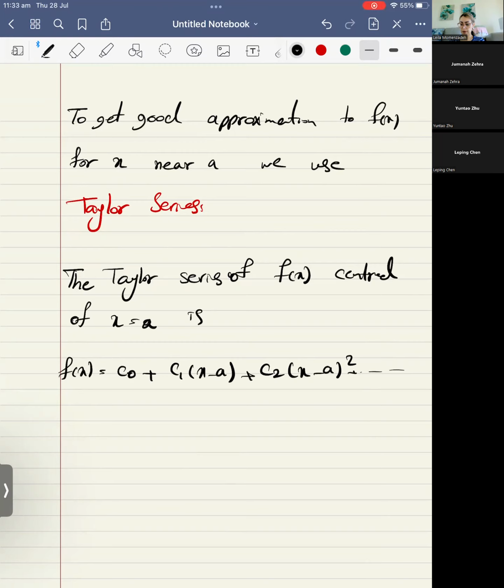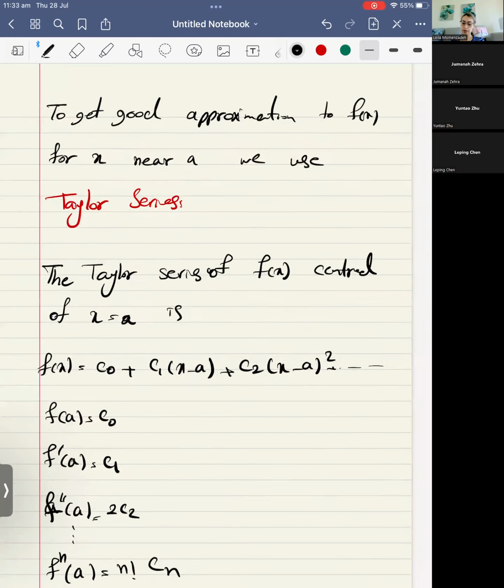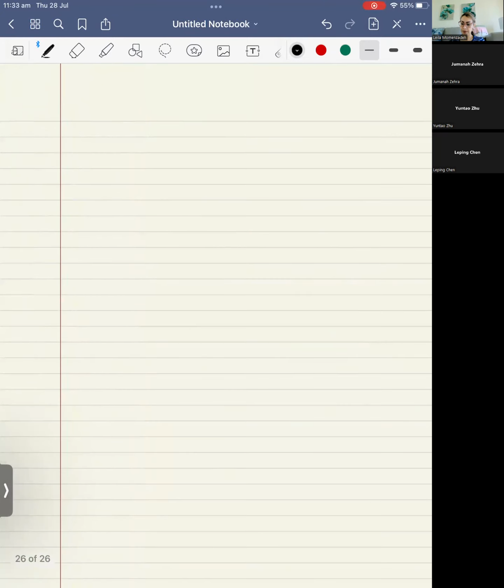It means that f(a) is c0, f prime(a) is c1, f double prime(a) is 2c2, and f^n(a) would be n factorial cn.